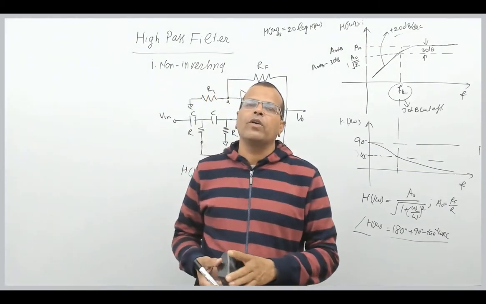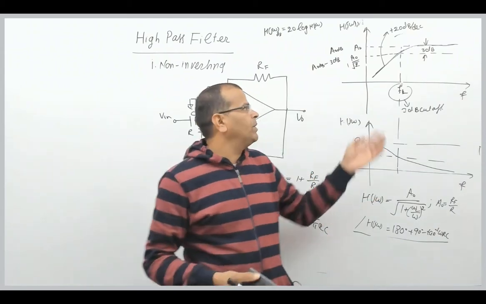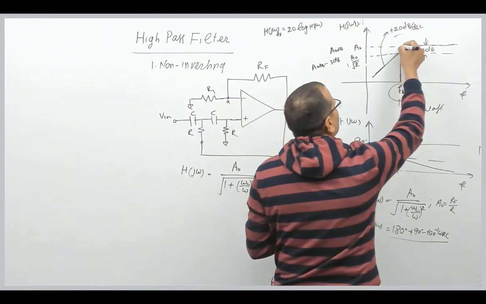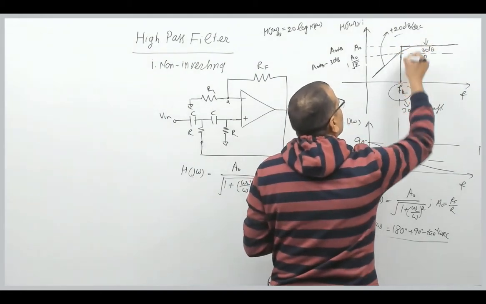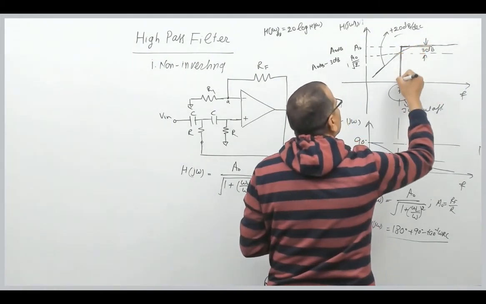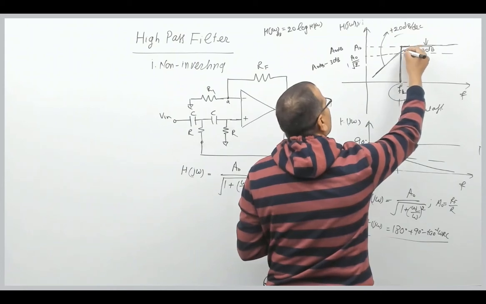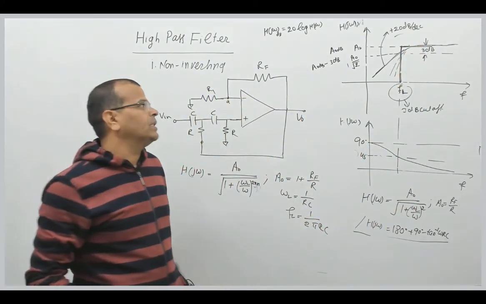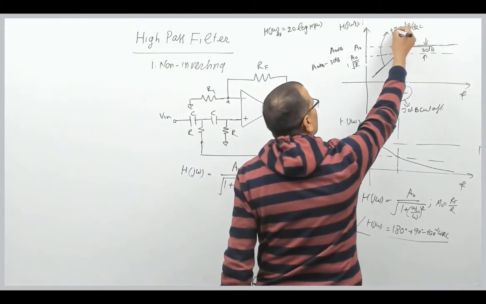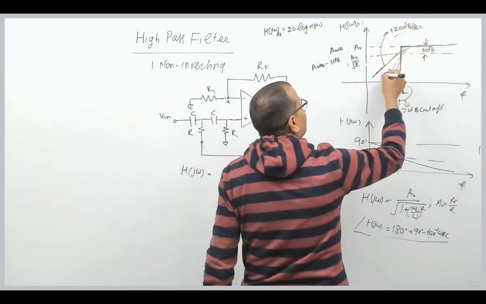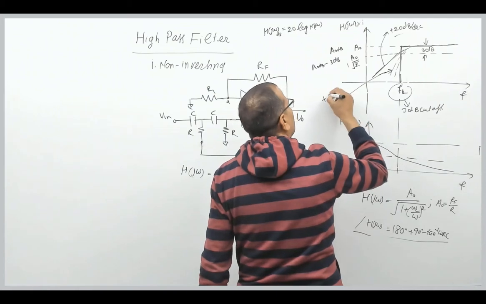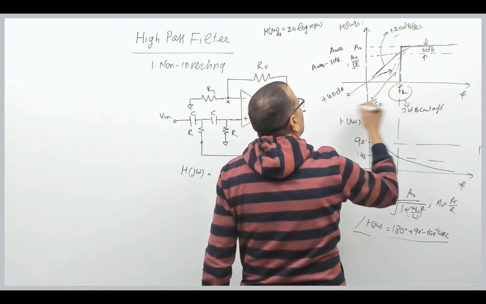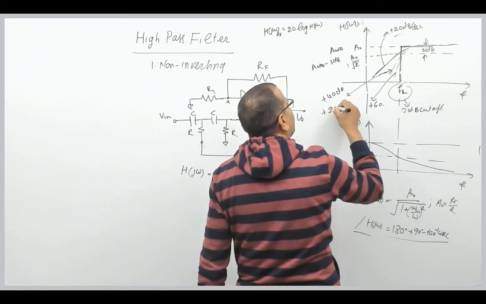But in the case of higher order filters, what will happen? That will give me the characteristic. Ideally, the characteristic should be like this. This is flat, this is flat, so there should be a sharp cutoff. So the characteristic approaches the ideal filter when you increase the number of stages. For first order it was plus 20 dB per decade. For second order it will be plus 40 dB per decade. For third order it will be plus 60 dB per decade. For nth order it will be plus 20 into n dB per decade.